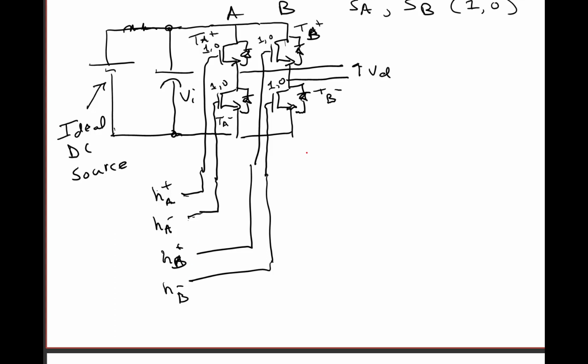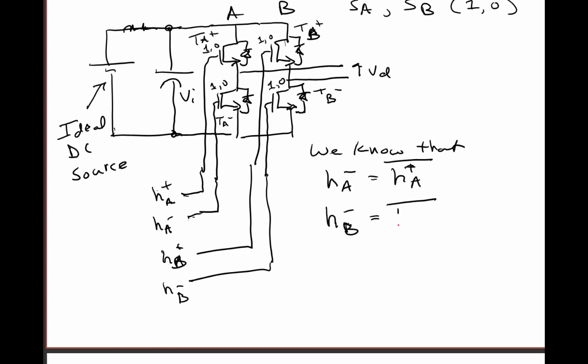Now we also know that H sub A minus is the complement of H sub A plus, right? And H sub B minus is the complement of H sub B plus. If H sub A minus is a 1, then H sub A plus is a 0. Did I get that right?